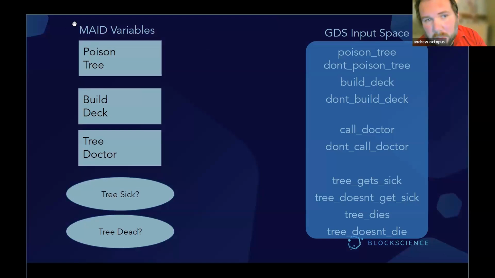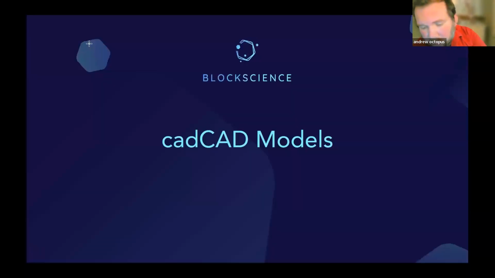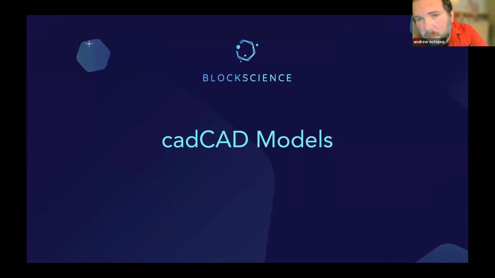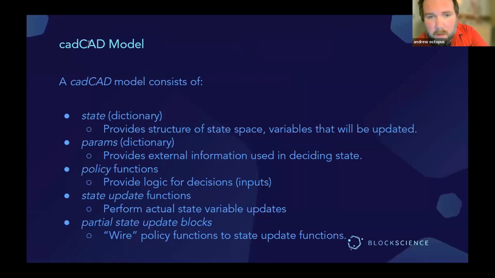So one major use of MAIDs is that they can serve as a translation step for creating a GDS. And then there's also a natural correspondence between MAIDs, GDSs, and cadCAD models. There are people in this room who know much more about cadCAD than I do, but essentially a cadCAD model has 5 primary parts.